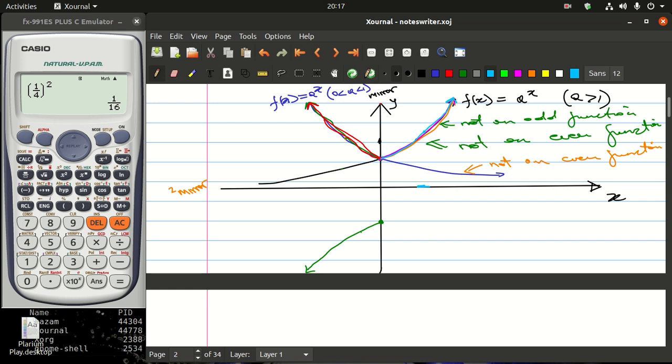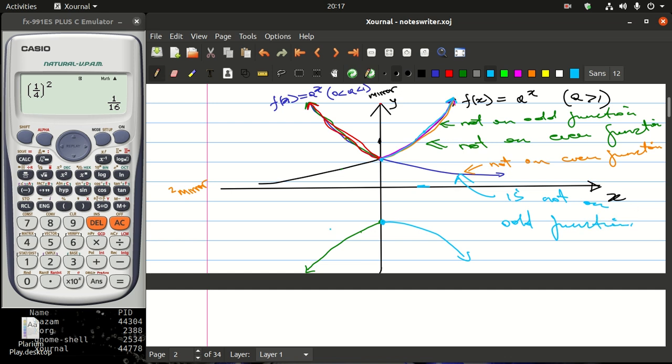It will be this point here, will be this point there, and then this is going that way, so it will be going this way. But looking into this piece here is not the same as that piece, which means that this one also is not an odd function.